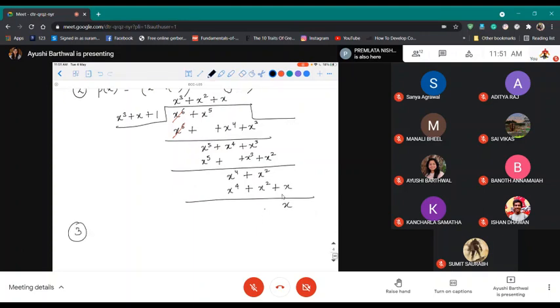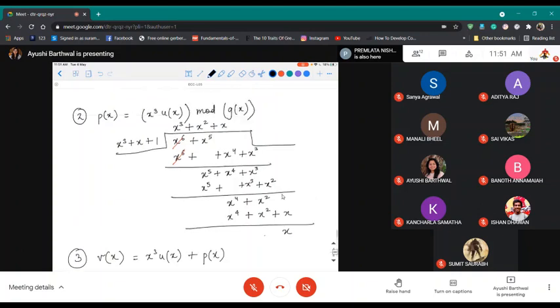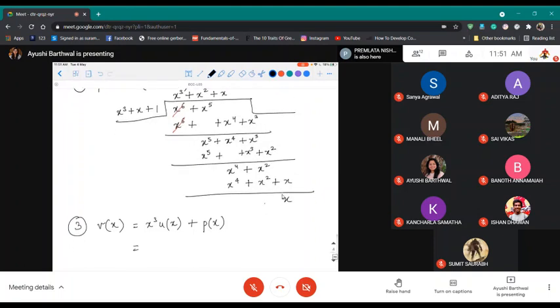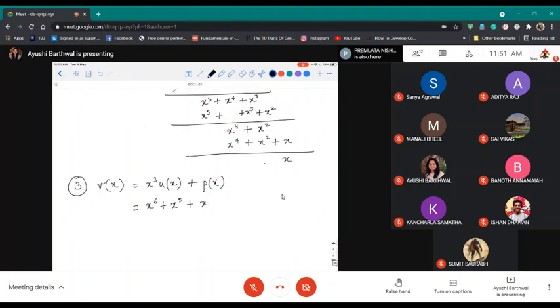Now Vx would be x cube qx plus px, and our px that we got is equal to x. So this would be x6 plus x5 plus x.